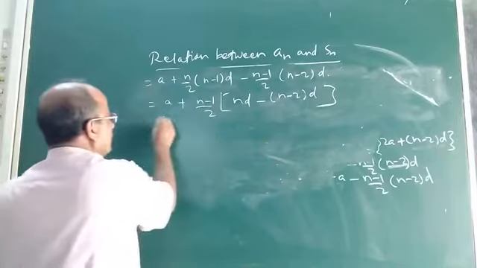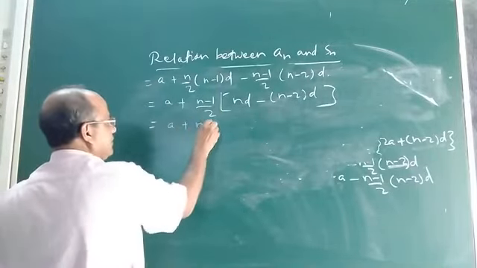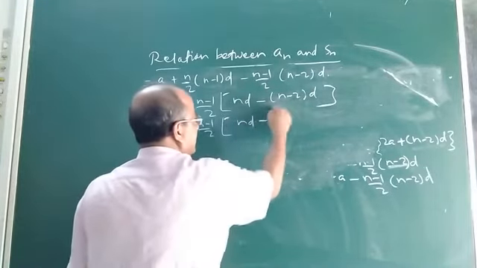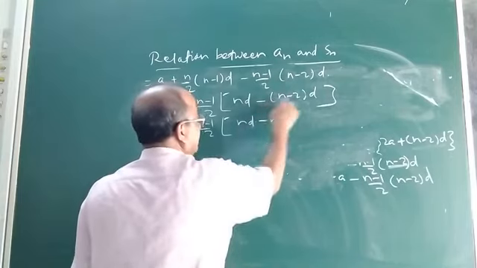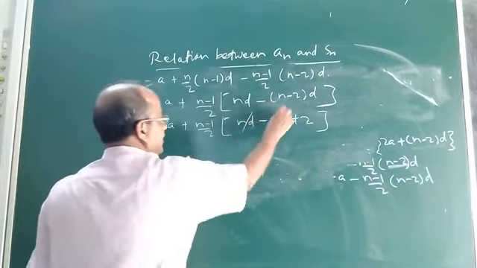Okay. Now, let us do the work of this bracket. This is a plus n minus 1 by 2 into, it is your nd minus, you multiply this, minus nd, minus minus plus, it is 2d.